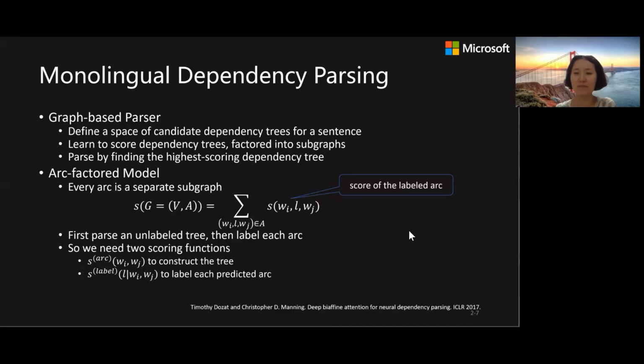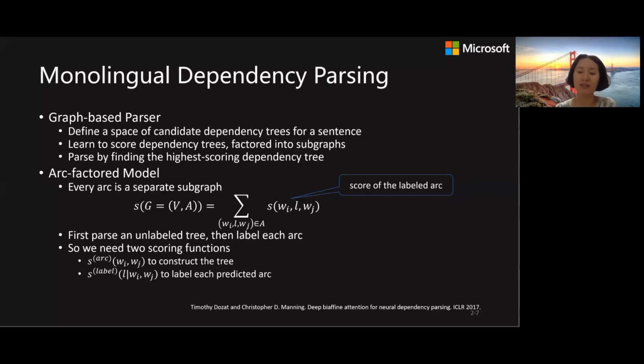Then in inference, it parses a sentence by finding the dependency tree with the highest score. The scoring of a candidate tree is usually factored into subgraphs, and the arc factor model is a popular factor approach.